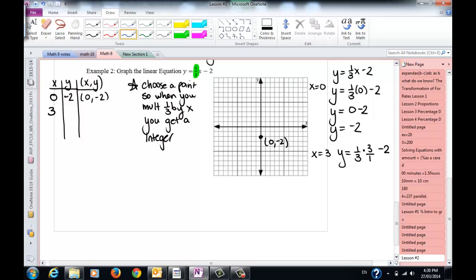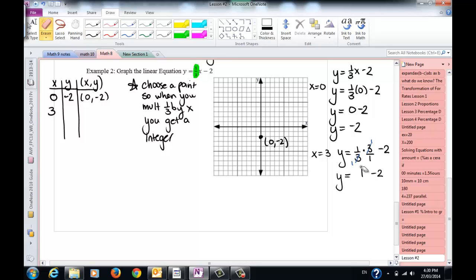I can cross simplify. 3 divided by 3 is 1. 3 divided by 3 is 1 as well. And therefore I get y equals 1 times 1 is 1 on the top, 1 times 1 is 1 on the bottom. Now really, 1 divided by 1 is just 1. So I can erase this and put a 1 here.